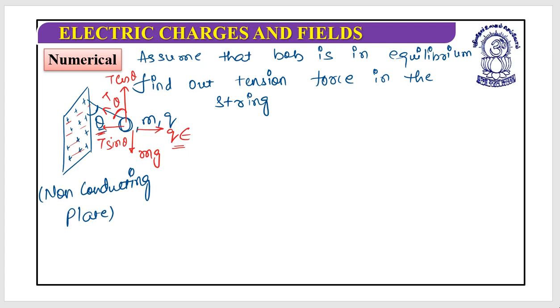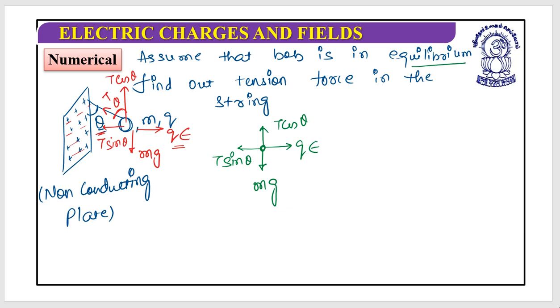So the situation would be something like this. This is the bob. This is having force q into E. This is having force that is T sin theta. This is T cos theta. This is mg. As they say that the bob is in equilibrium, what do you mean by equilibrium?